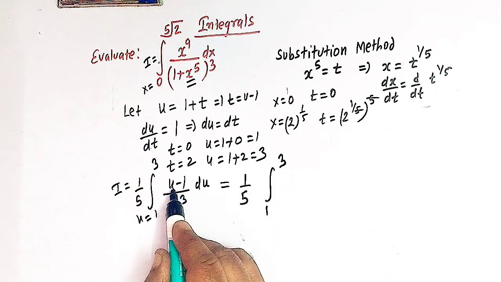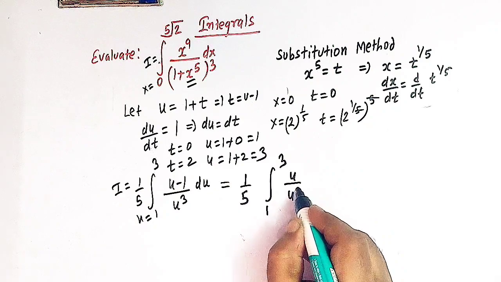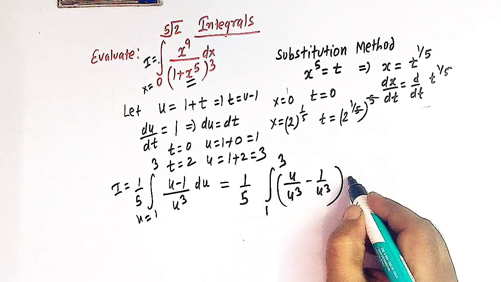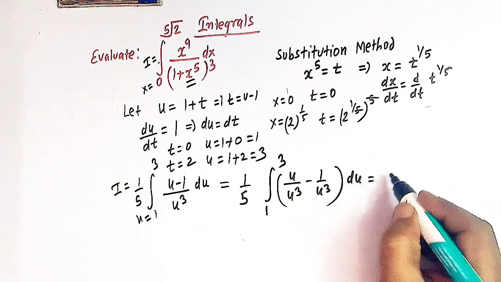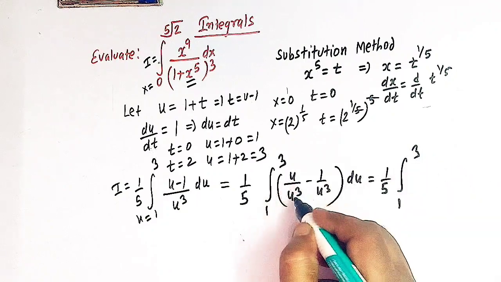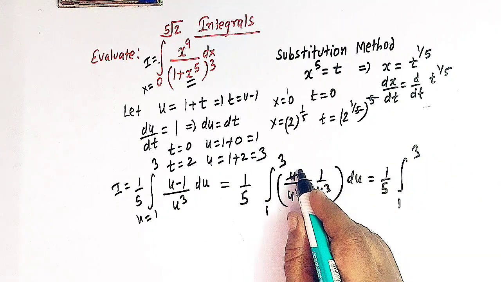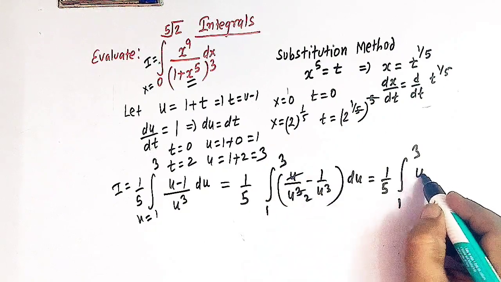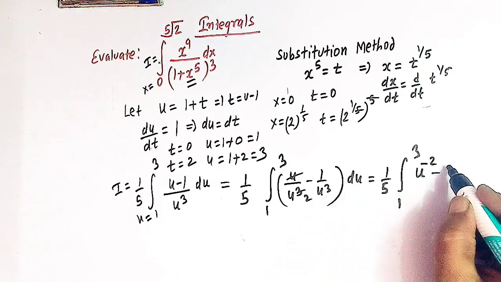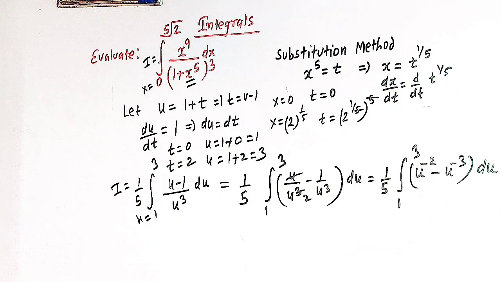Now we can separate these two terms by writing u over u cubed minus 1 over u cubed, and here we have du. So now we can write 1 over 5, 1, 2, 3, and here this u gets cancelled, and we have 1 over u squared, which can be written as u raised to minus 2, and here we can write u raised to minus 3, and here we have du, right?